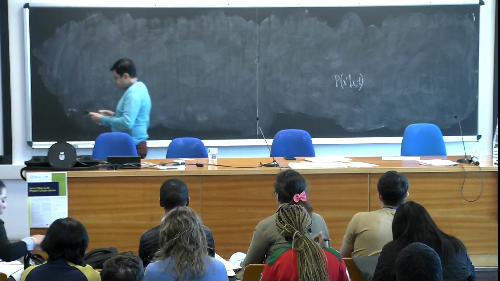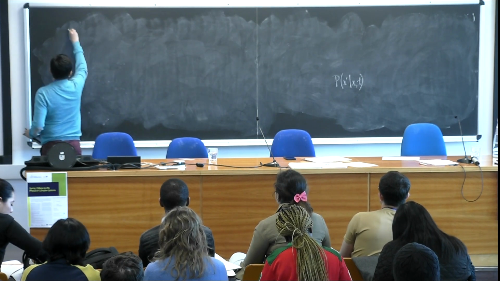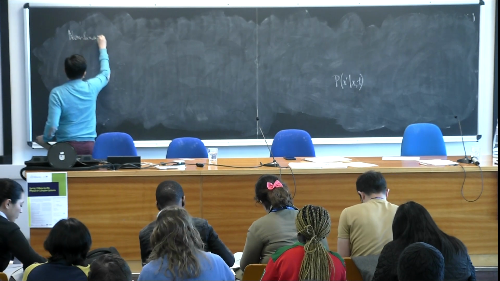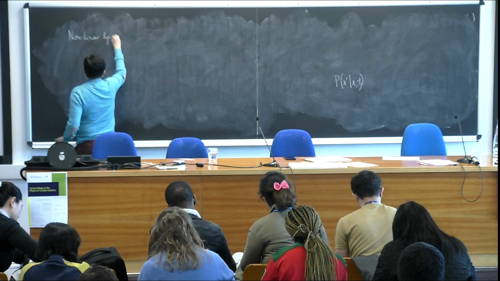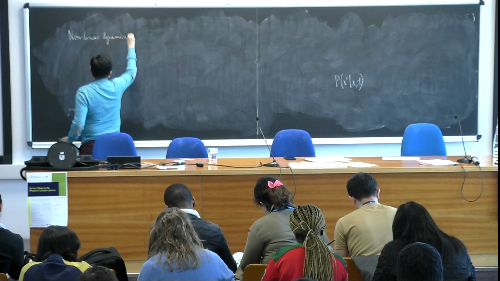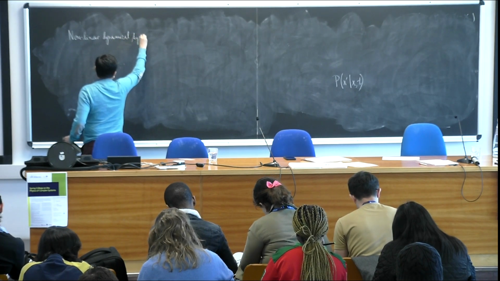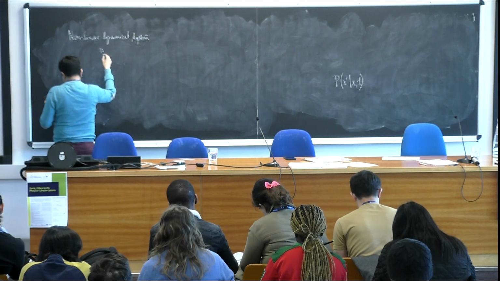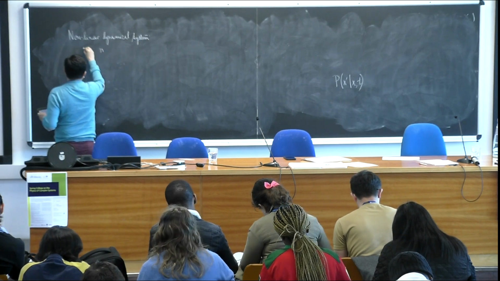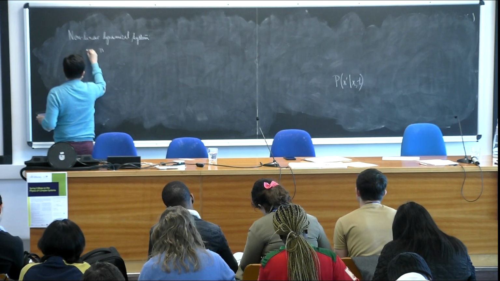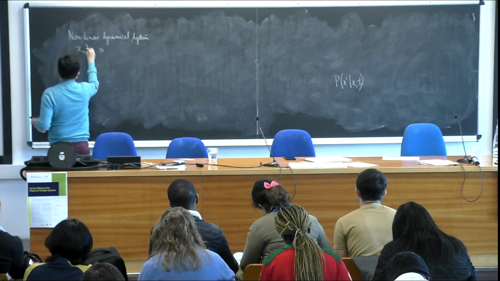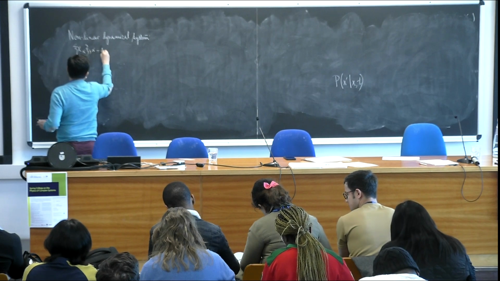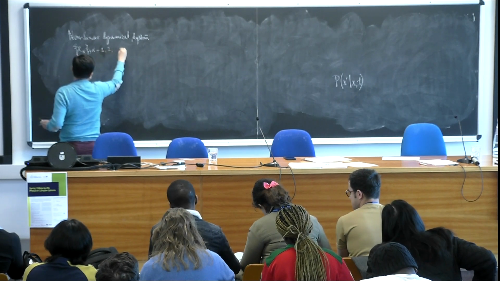So let's say a general nonlinear dynamical system comprising, let's say, n degrees of freedom or n dynamical variables, which I call x alpha, where alpha goes from 1 up to n.